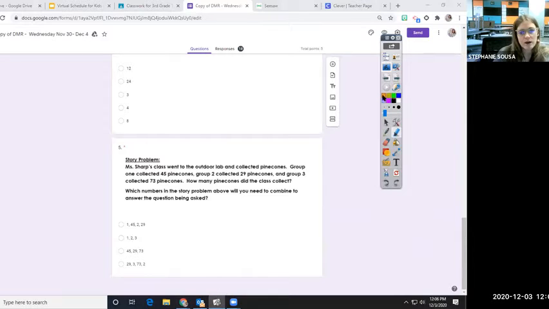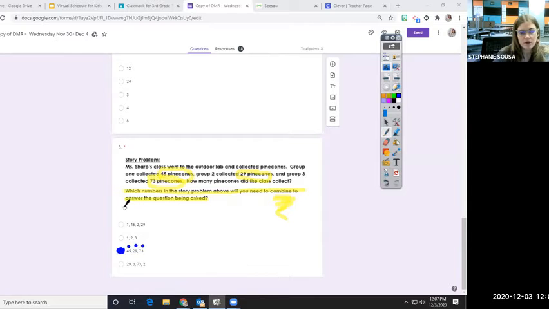The question that you are asked to answer is, which numbers in the story problem above will you need to combine to answer the question being asked? Well, I'm going to combine the number of pine cones, which is 45, 29, and 73. So my answer should say 45, check. 29, check. 73, check. Here's your correct answer.